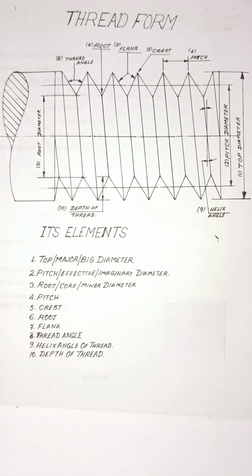How much depth I have to give in a particular thread, for that a formula is there for BSW thread, millimeter metric thread, BA thread meaning 47.5 degree thread. By that formula, we have to calculate the depth of the thread and give it through the cross slide on the lathe machine, and we cut.